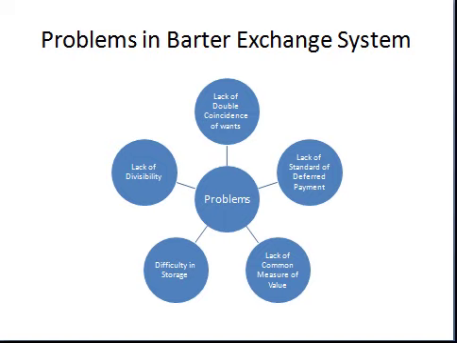Goods may be perishable goods, non-perishable goods, or animals also. So when the wealth was in the form of perishable goods, they were facing the problem of storage of the wealth. So it was the biggest problem at that time.